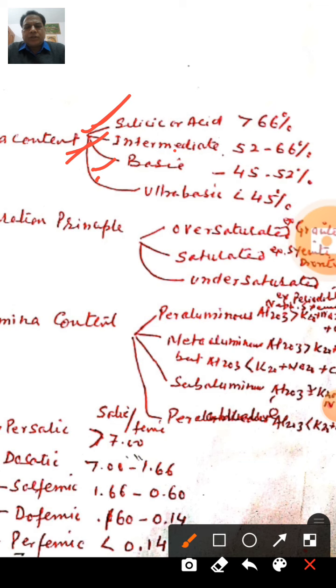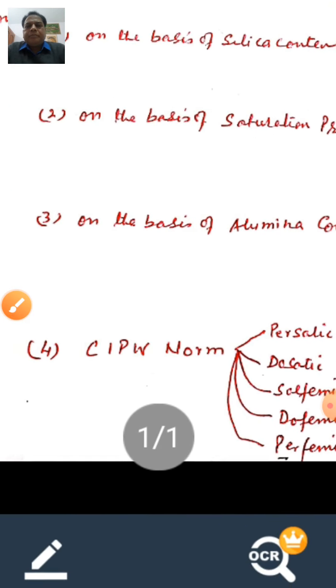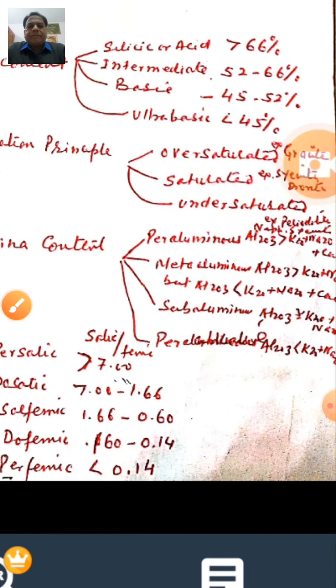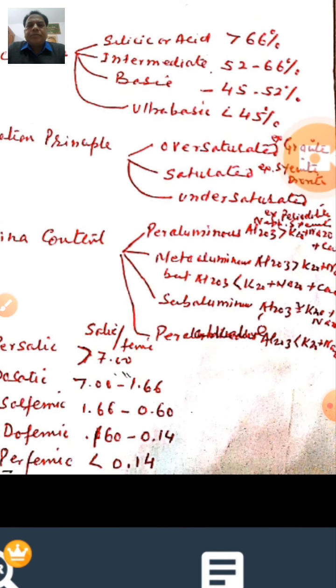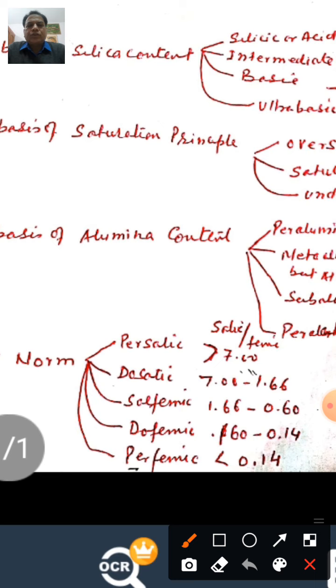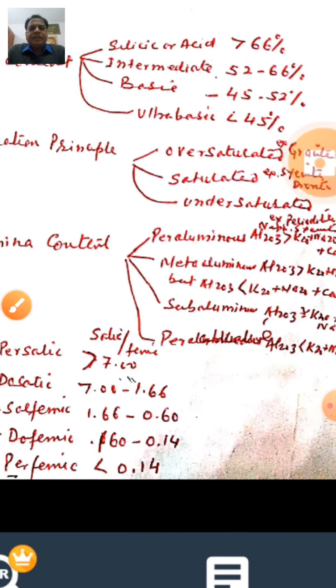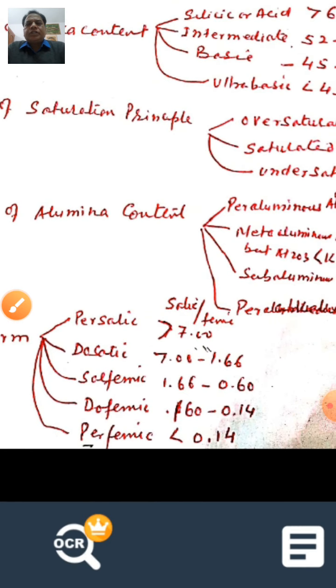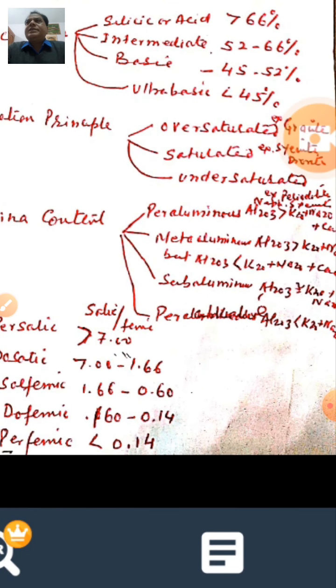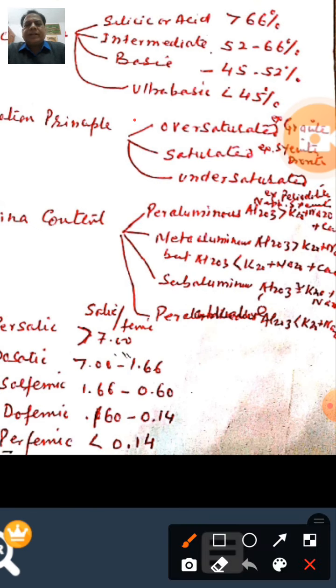Now the next is on the basis of the saturation principle. You all know that igneous rocks are divided into three categories: oversaturated, saturated, and undersaturated.